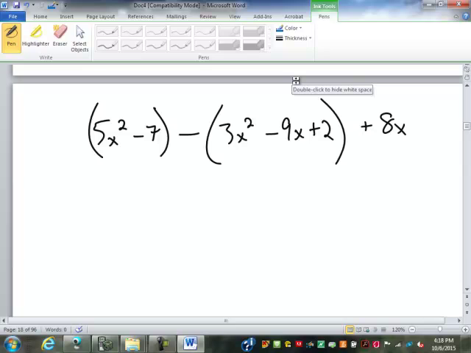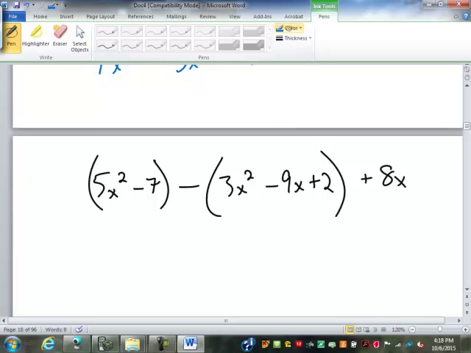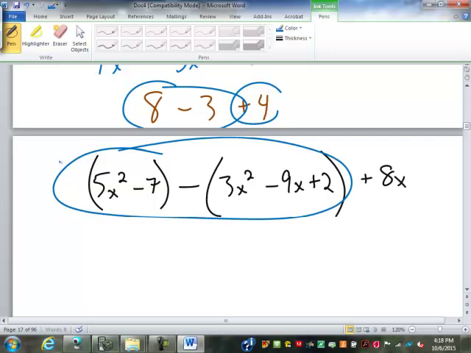We do operations with numbers 2 at a time. If they're all the same operation, we can do them all together. But just like if we had 8 minus 3 plus 4, we would go left to right. We would do the 8 minus 3 first, and then add 4 to it. Same here. We're going to do the subtraction first.